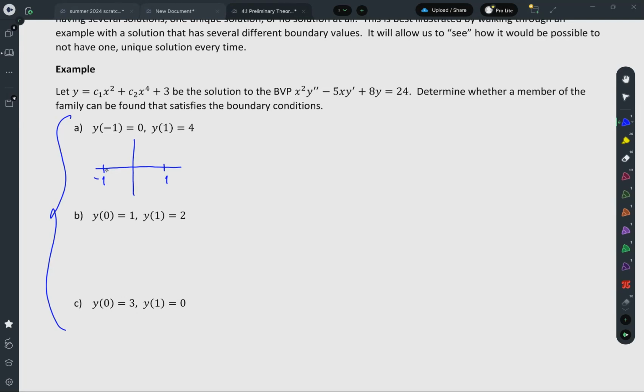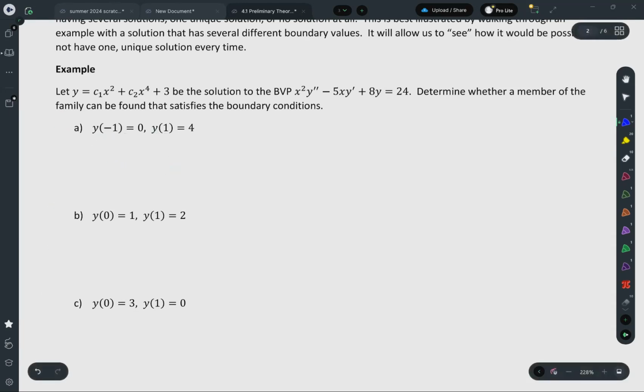But we're talking about y of -1 being 0, y of 1 being up here at 4, and this is our little domain, right? And so each of these really is giving us just information about a boundary, not about necessarily an initial value, okay? So that's just something to keep in mind as we're going through here. These are not about initial values, they're about boundaries.